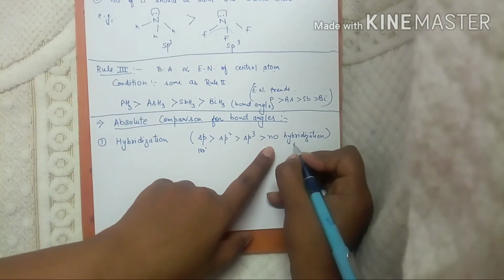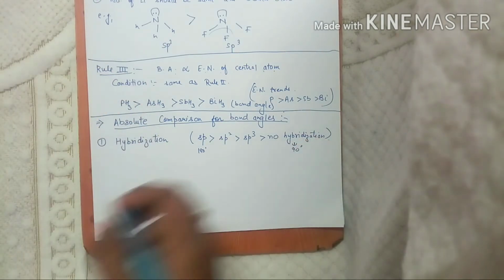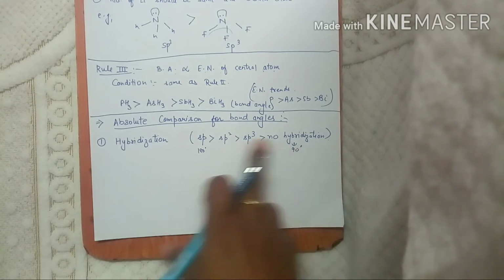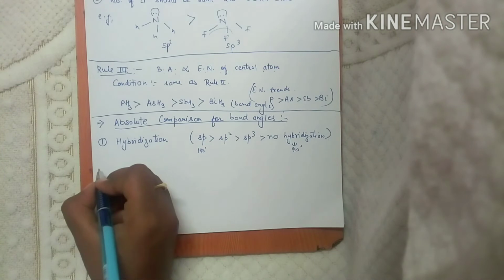They have an angle of 90 degrees. So this will be the trend of bond angle from 180 to 90, as per the hybridization.